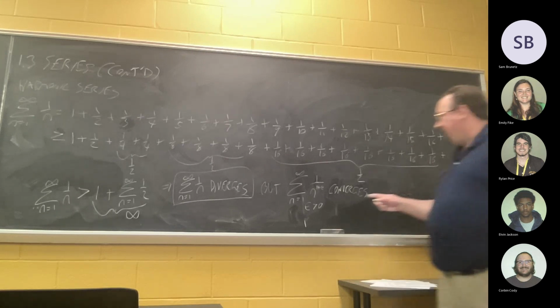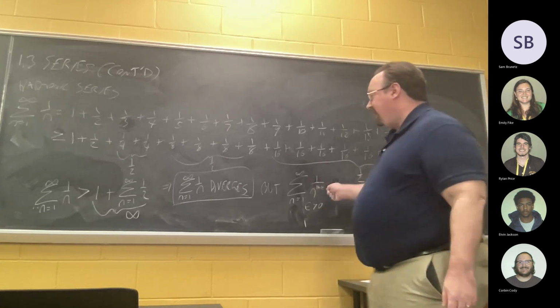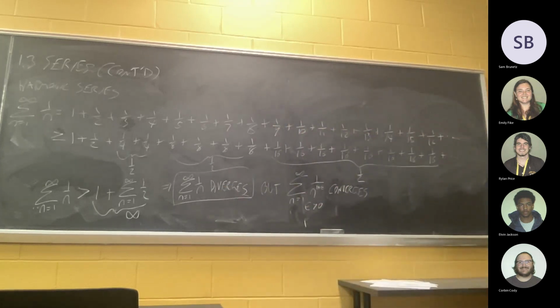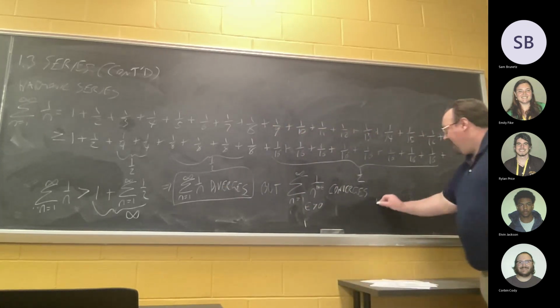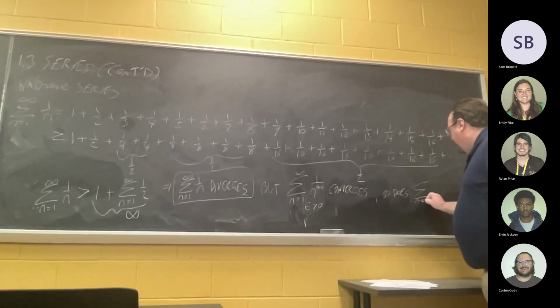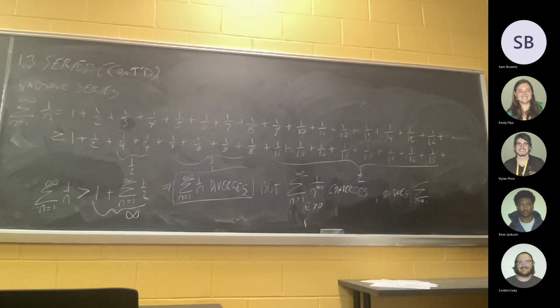So n to the 1 plus epsilon grows slightly faster, or 1 over it decays slightly faster, than 1/n. And in this series, the denominators are also growing faster than n, but only slightly faster: 1 over n times the natural log of n, let's start at 2 in this case.